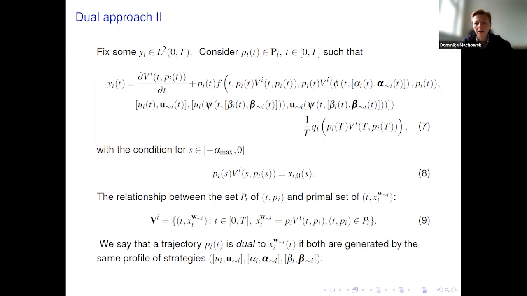So we are looking for points t and xi for which there is a relationship between the primal trajectory and the dual trajectory. And of course, we say that trajectory Pi is dual to xi if both are generated by the same profile of strategies. This is also quite important here.